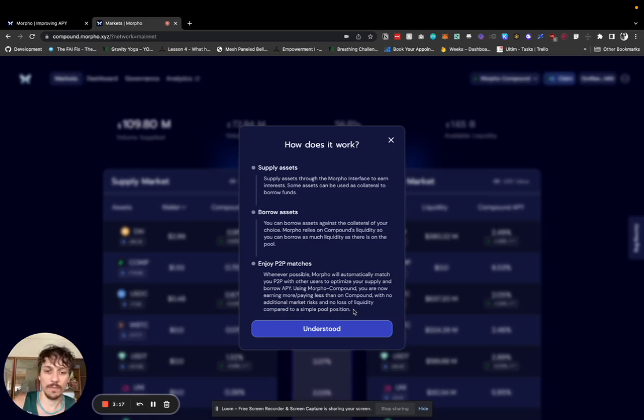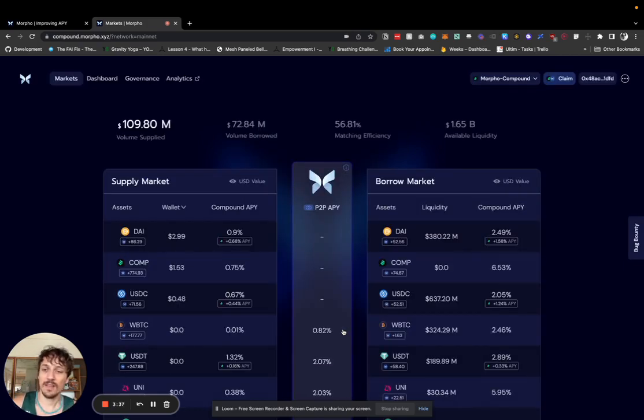So yeah, that's a really cool feature. I haven't seen this anywhere else, and I'm excited to take a look how this works. I like how they explain it here. If my mother would read this, she would not understand a word. So yeah, understood. Cool. So again, we have the market stats here.